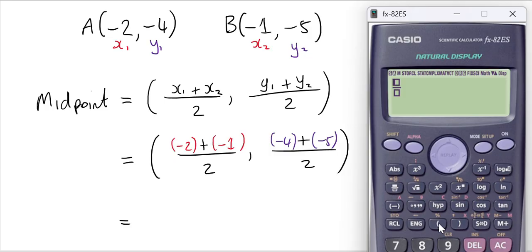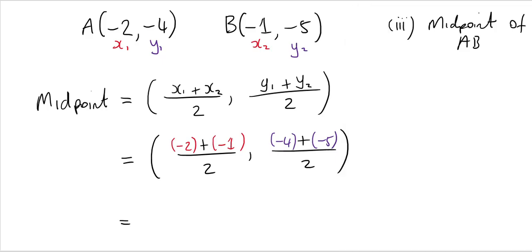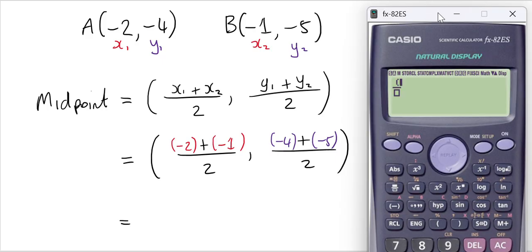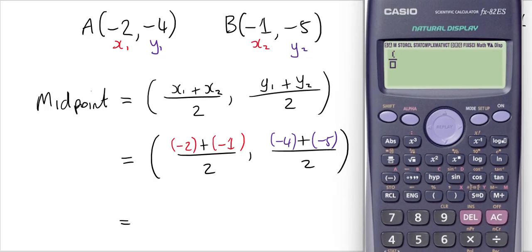Along the top line of the fraction button, I go bracket, -2, close bracket. Then we put in the add sign, and another bracket, -1, close bracket, all over 2. That's your first bit there, press equals, and you get -3/2 there.